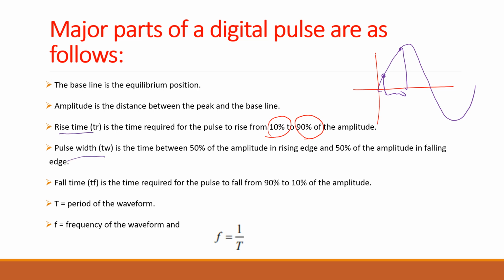Pulse width is the time between 50% of the amplitude on the rising edge and 50% of the amplitude on the falling edge. So the pulse width is measured at 50% of the rising edge, somewhere here, and 50% of the falling edge, somewhere here.